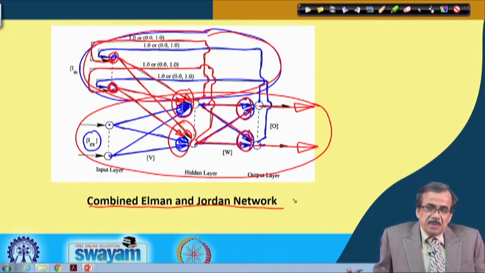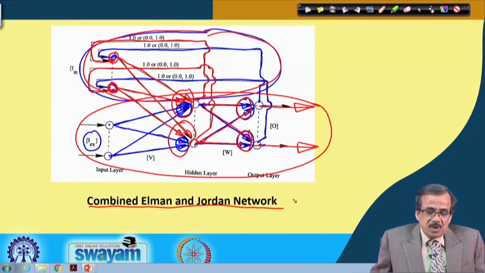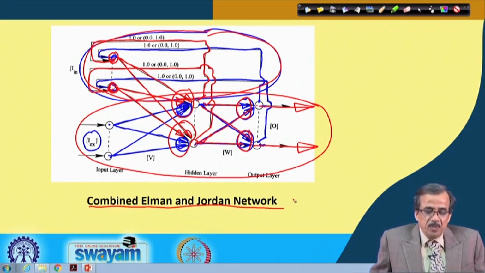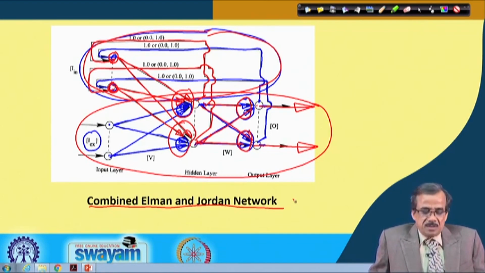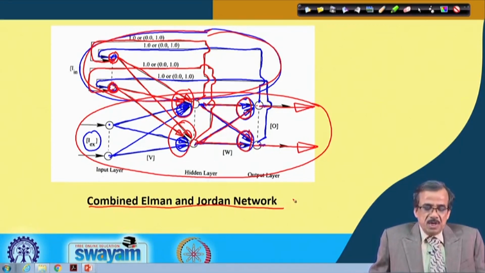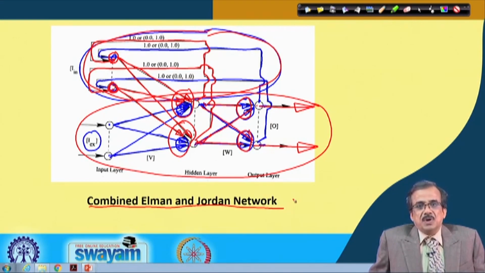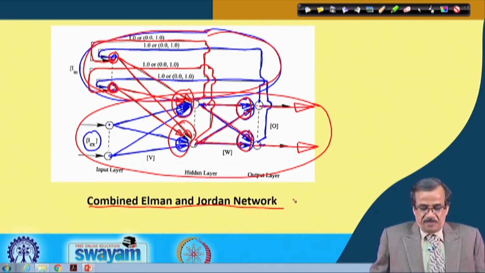Now, the performance of this particular network is found to be very reliable, like if you want to model the dynamics of a highly complex or highly dynamic process. As it is having this feedback circuit, there is almost a guarantee that it will be able to capture the dynamics of this highly dynamic process.